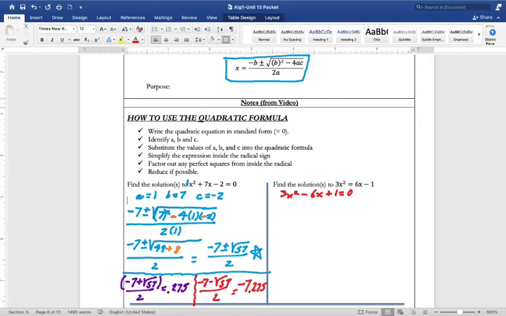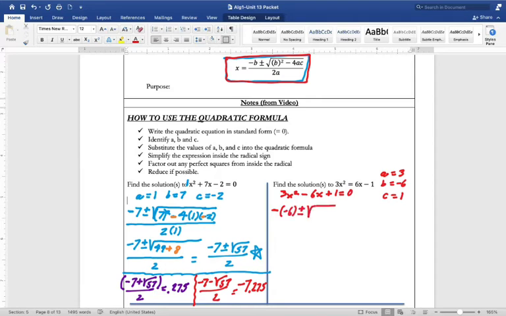All right, so let's save a little space here. A is going to be 3. B is going to be negative 6, and C is going to be 1. And I plug things in up top to the quadratic formula again. Here we go. All right, this time we have a negative b. We're going to write that as a negative b. The value of b is negative 6.